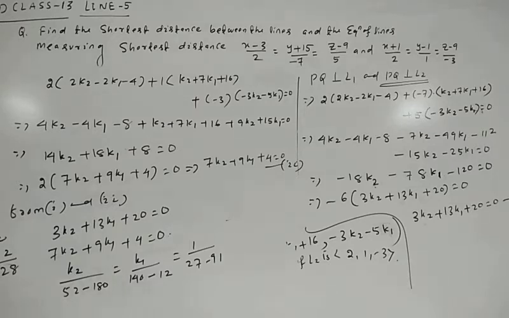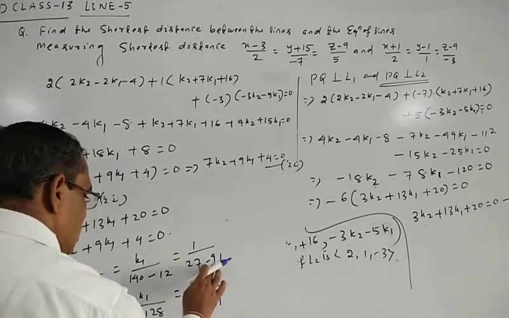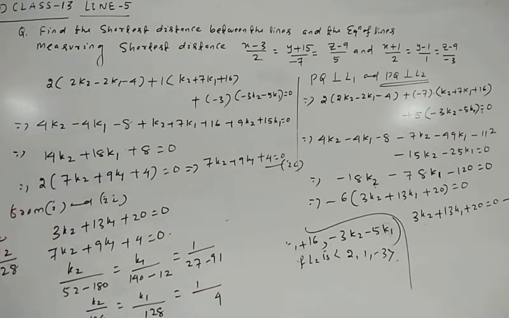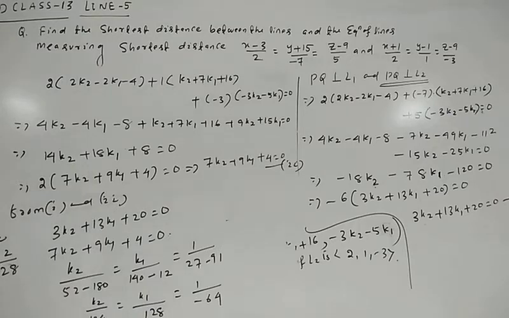Okay, so this is 128, that implies K2 by minus 128 is equal to K1 by 128, and this is equal to 1 by minus 64.